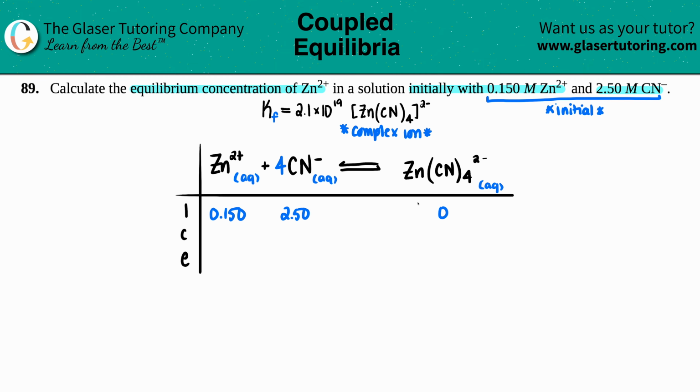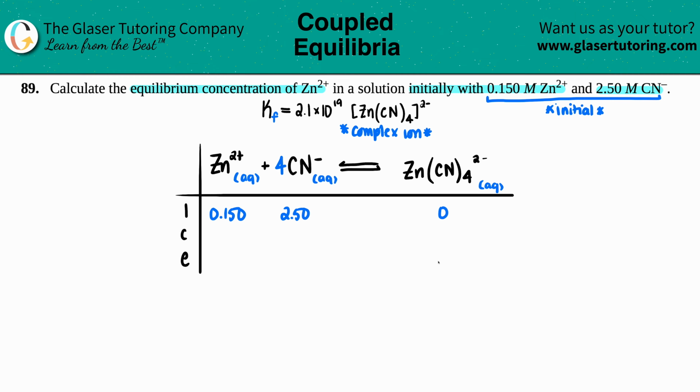So if we actually did it like we were doing before, this would just be +x, and you're just left with the variable x. Remember, x values are usually small numbers, so it wouldn't make any sense that if this Kf value is so large, we're only going to form such a small amount of it.